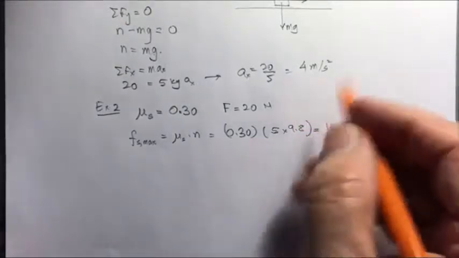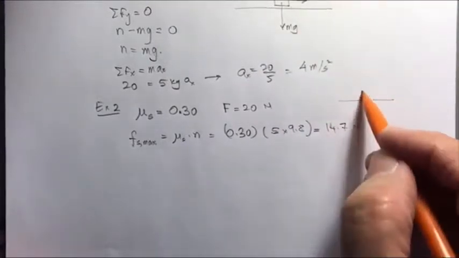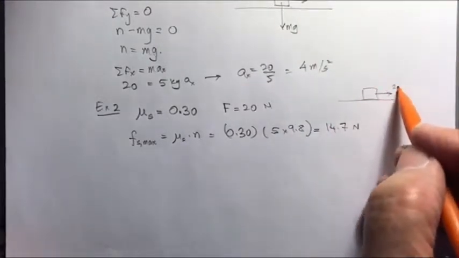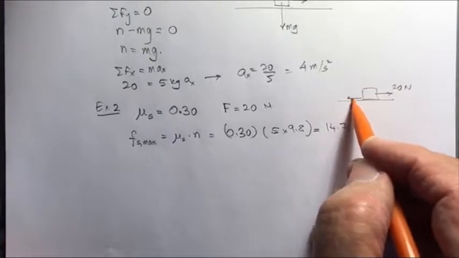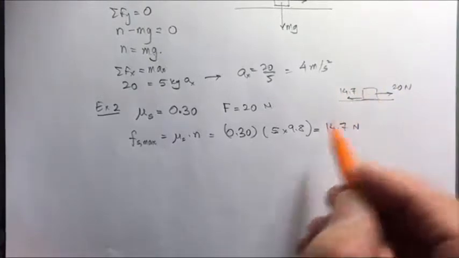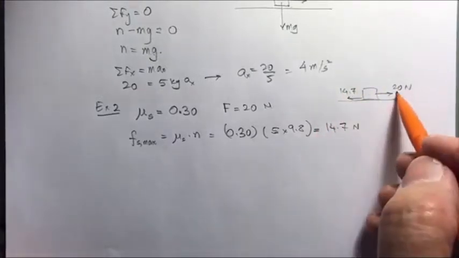So this is going to be pulled to the right with a force of 20 newtons and pulled to the left with a force of 14.7. It will reach the maximum value.